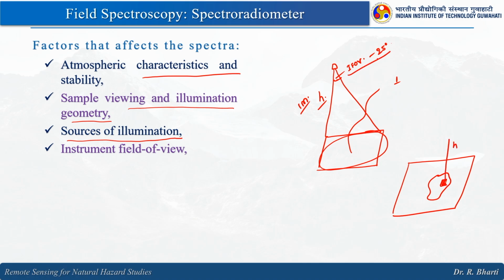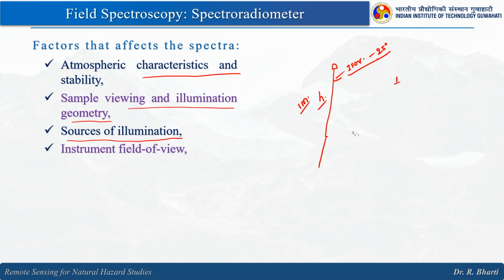So that you will actually be covering this particular portion of the sample in the field. So, it is very important to check how much area my instrument is covering, what my target sample is, and how you are going to correlate with the satellite measurement.